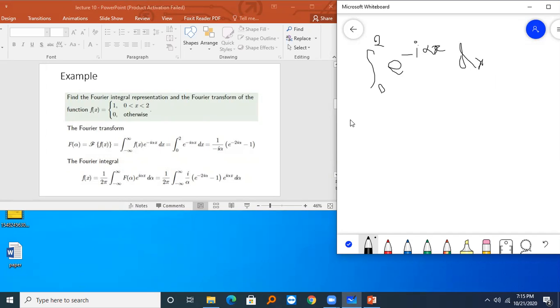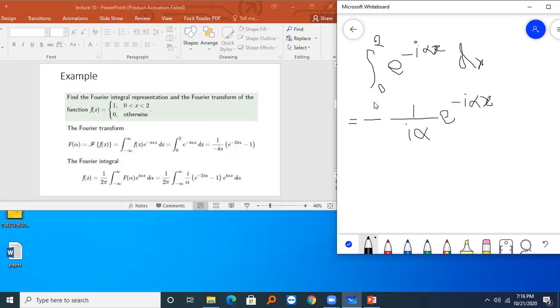Now after integration, what will we get? We get 1 divided by minus i alpha, e to the power minus i alpha x.